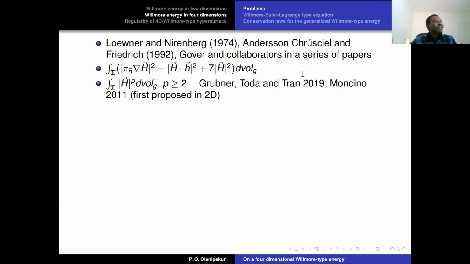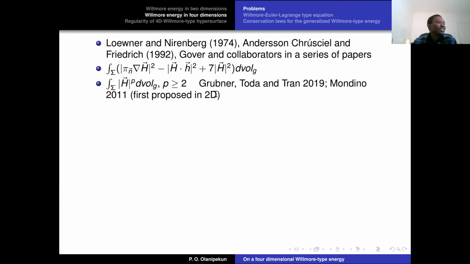Of course, before then, there has been lots of research on what a higher dimensional generalization of the Willmore energy should look like. So Grosvenor and Toda, Tran in 2019, and also in 2011, actually looked at this energy.